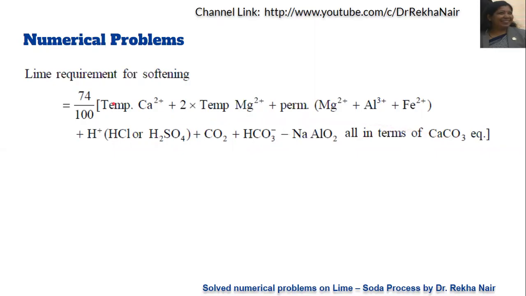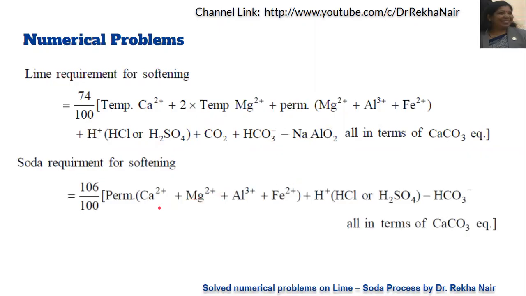Here you can notice that both the temporary calcium and magnesium are present in the lime requirement, but there is no permanent magnesium in the formula. Similarly, soda requirement for softening is 106 upon 100 [permanent calcium, magnesium, aluminum, iron plus acid, that is H+, minus HCO3-], all in terms of calcium carbonate equivalent.